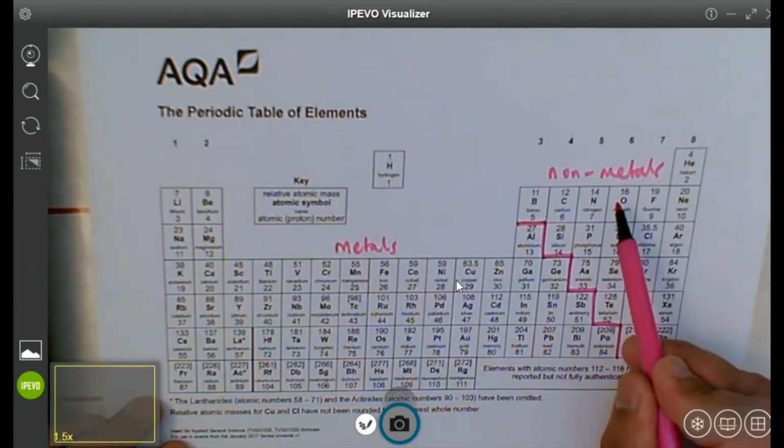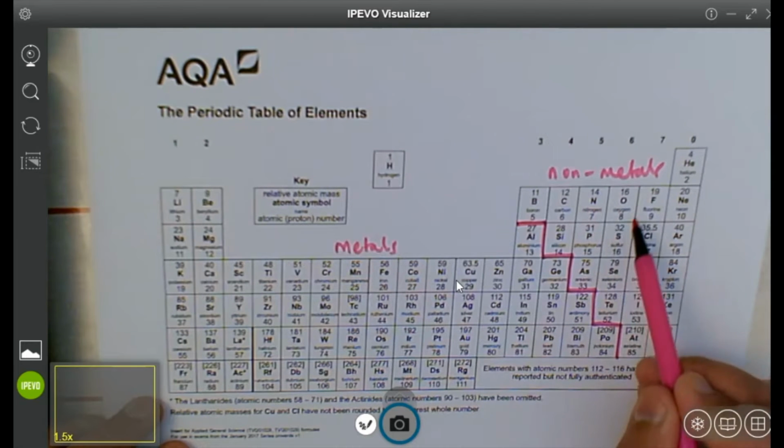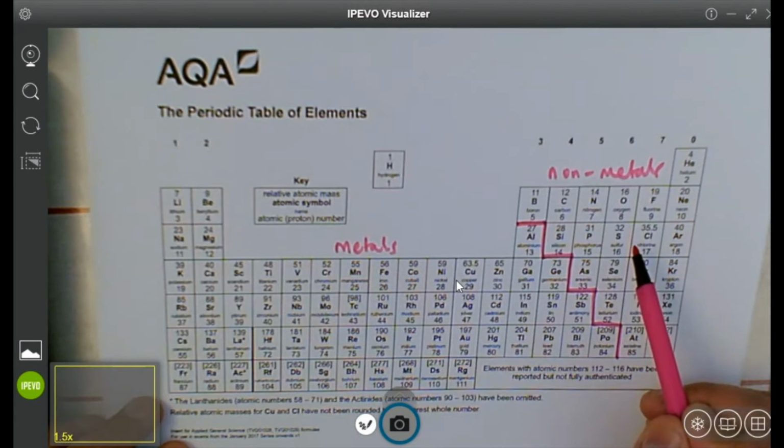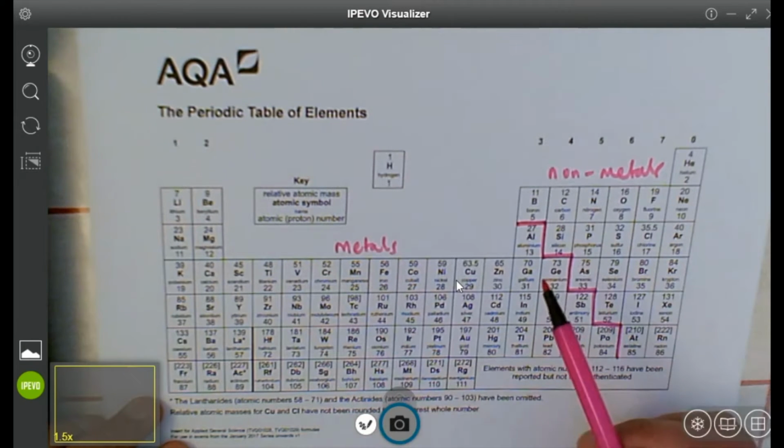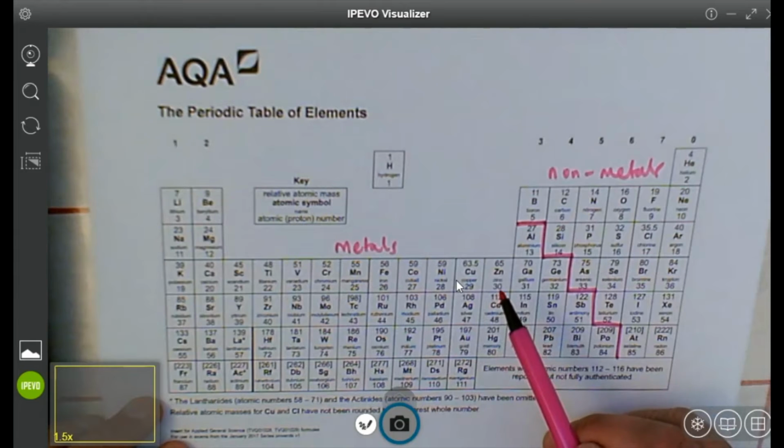Whereas if you've got just symbols which are non-metals combined together, then you'll know that they have covalent bonds. So that's why it's important to establish where the metals and non-metals are in terms of their position in the periodic table and their symbols.